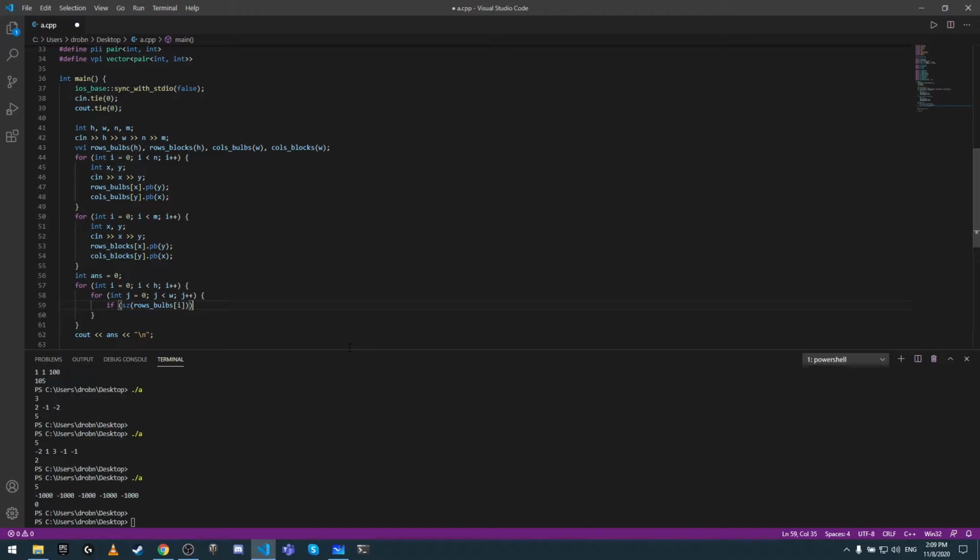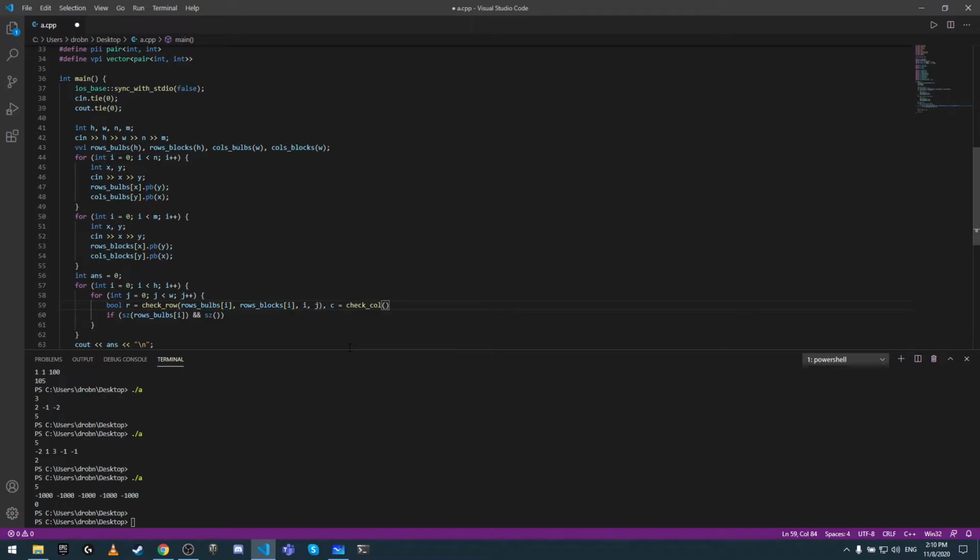So if size of rows bulbs I equals 0, size of cols, no, we have bool r which is equal to check row, is rows bulbs I, rows blocks I. Column equals check column of, oh wait, we also need to pass the ij, right?